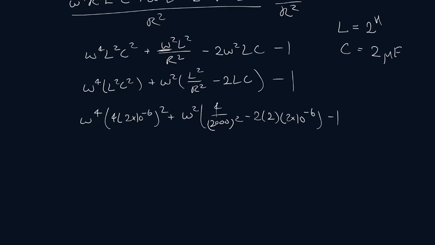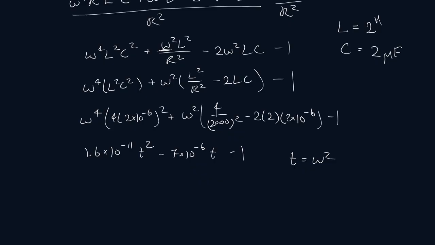And this simplifies to 1.6 times 10 to the power of minus 11 W to the power 4 minus 7 times 10 to the power of minus 6 W squared minus 1. We're going to let T equal W squared. So it'll just be T squared and then T here.